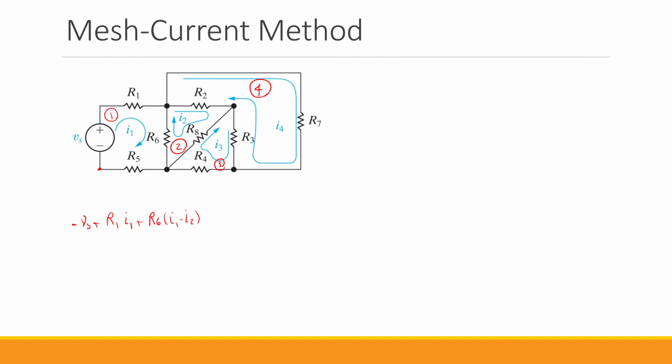Based on the directions that we have specified here, they are in opposite directions. I1 is going from top to bottom, I2 is going from bottom to top. So that's why we have this with a negative sign, with a subtraction. And then finally we have R5 multiplied by I1, which equals 0.